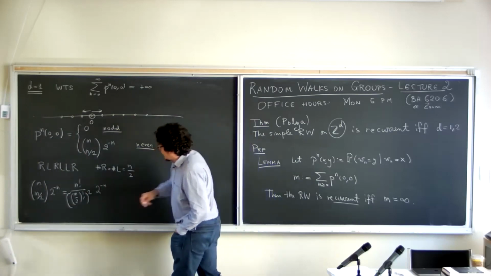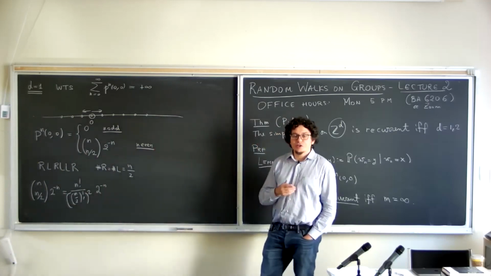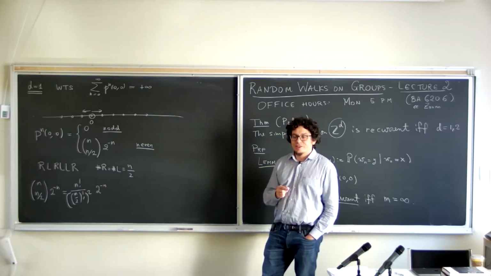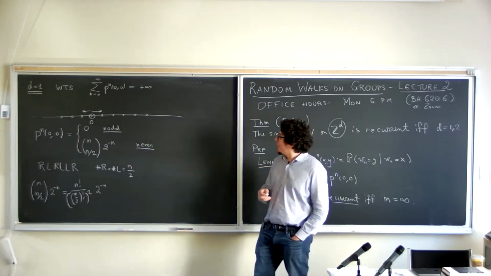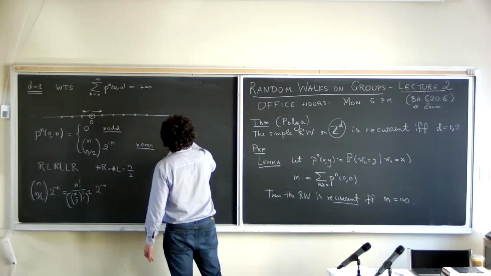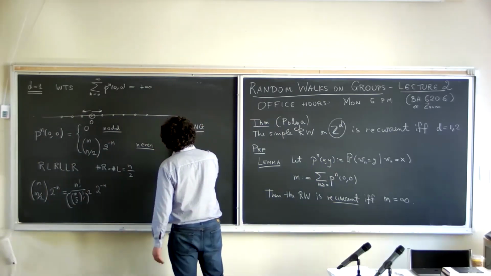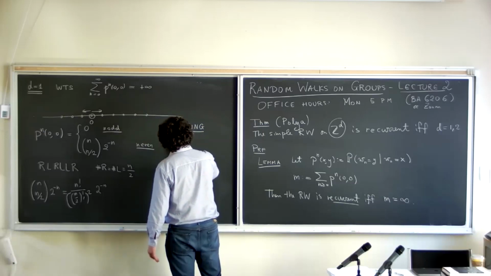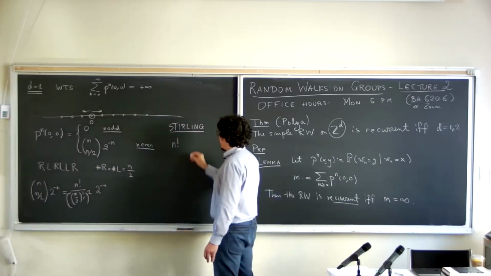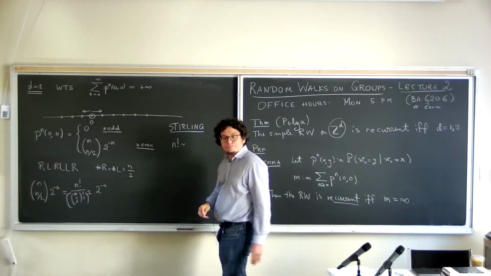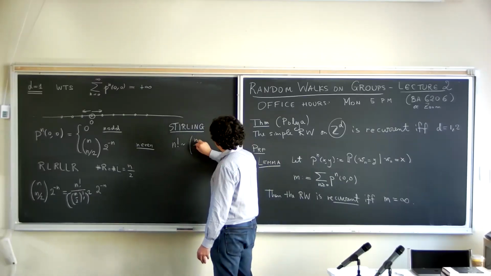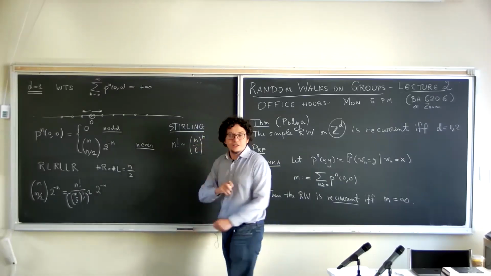And how do we estimate a binomial coefficient? Factorial. Yeah, so there's a good old Stirling's formula. Of course, there are various more and more refined ways, but n factorial is basically what? It's n/e to the n, I think.